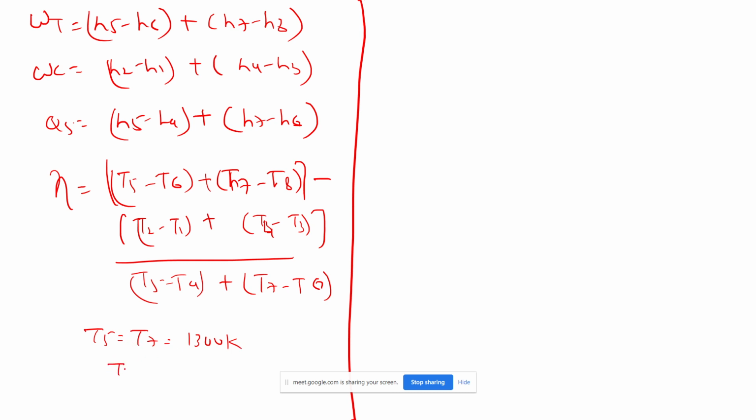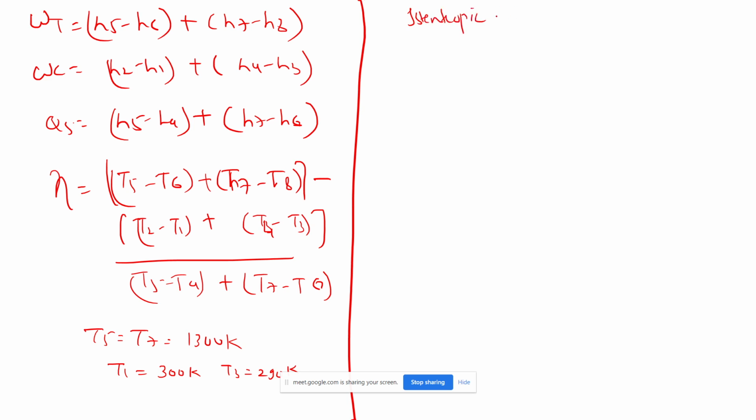They have mentioned T1 equals 300 Kelvin and T3 equals 290 Kelvin. The rest of the values you can calculate, because in the question it is an isentropic process.